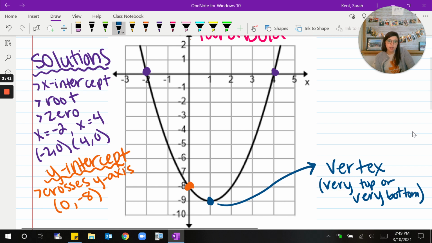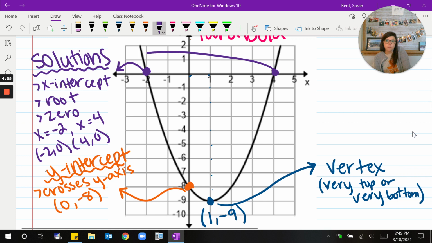So this vertex, I would say, it's at the point I go over 1, down 1, 2, 3, 4, 5, 6, 7, 8, 9. So this vertex would be at (1, -9). So again, that's the vertex.